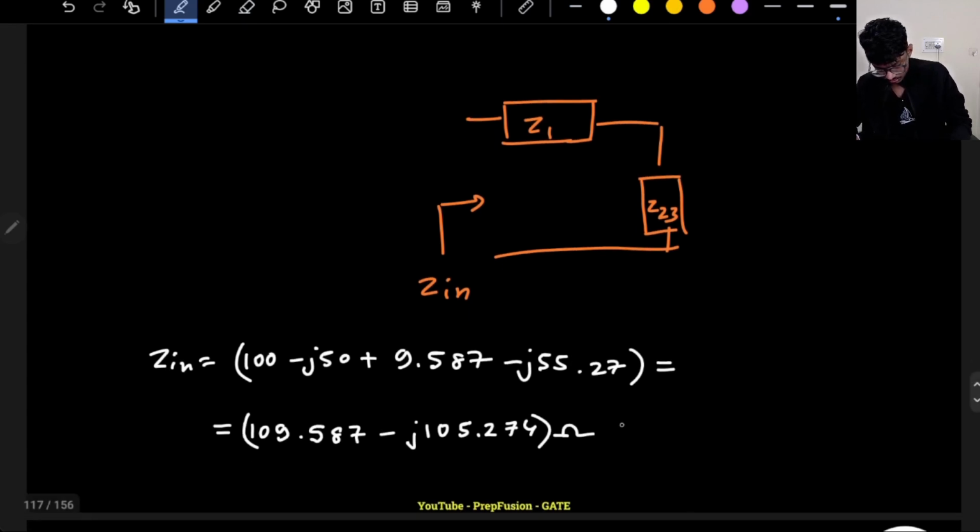Now if you want to convert it back into polar format, you can.